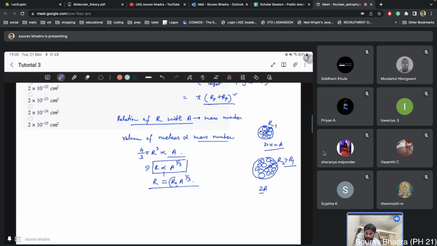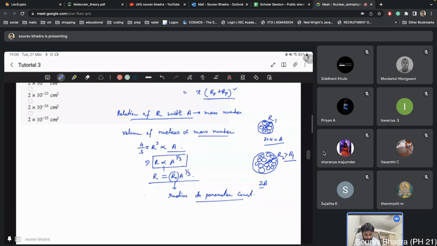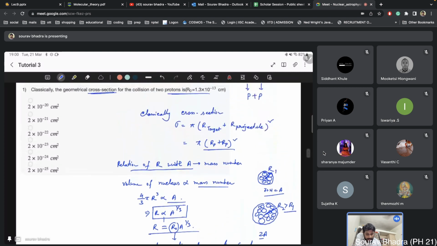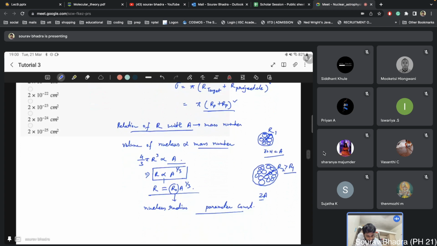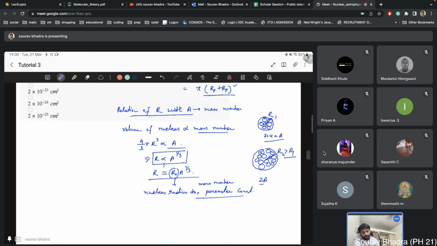This r0 is a constant, called the radius to mass number parameter constant, and its value is given.